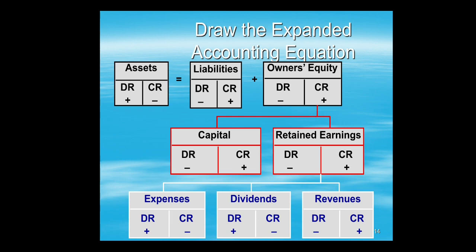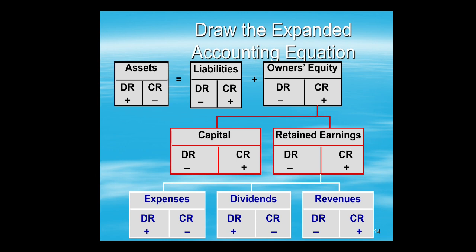Okay, so how to calculate profit? In accounting, the basic way to calculate profit is revenue minus expenses. So that's why the revenue account and expenses account are related to owner's equity, because revenue and expenses determine whether the business is making profit or loss. So these two accounts are related to owner's equity.